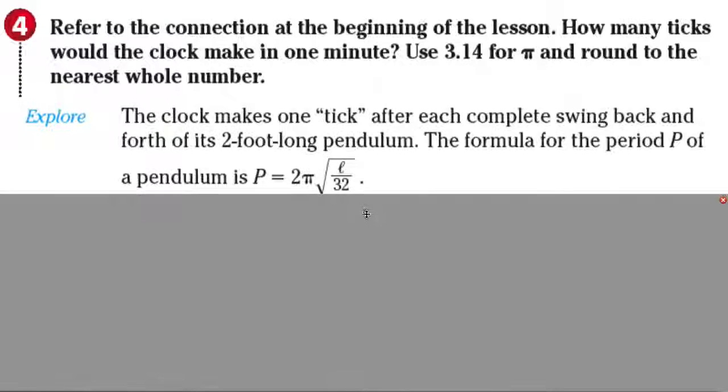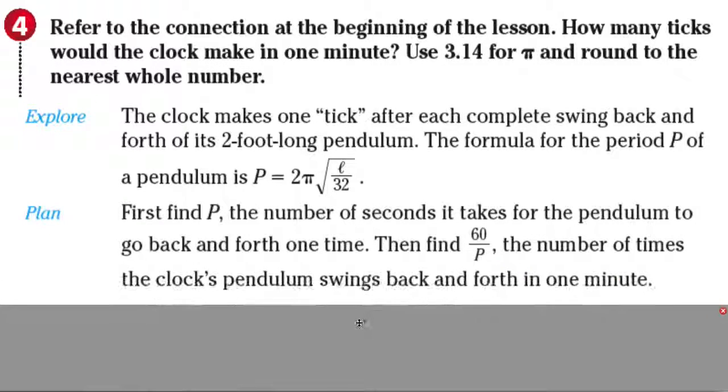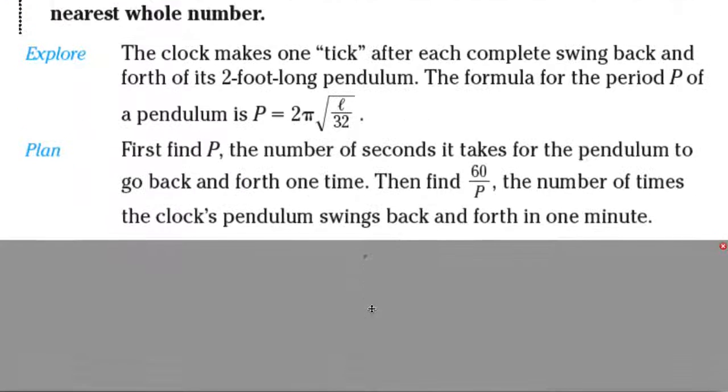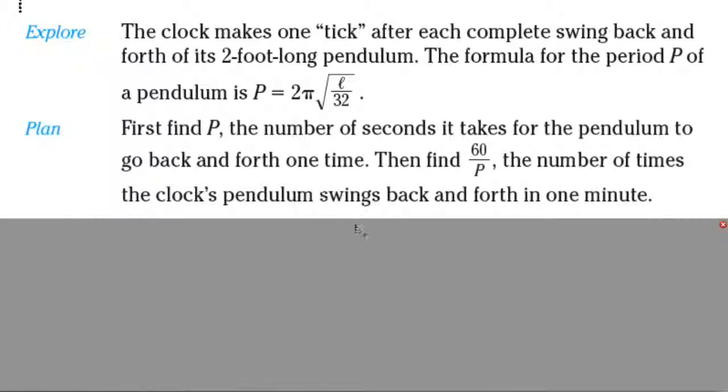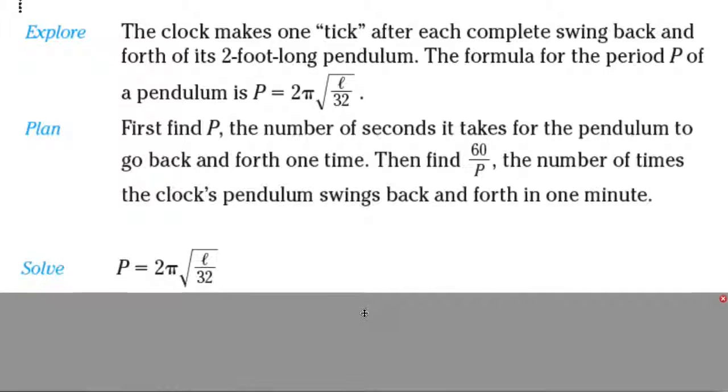How do we plan to solve this? First, we want to find P, the number of seconds it takes for the pendulum to go back and forth 1 time. Then find 60 over P, the number of times the clock's pendulum swings back and forth in 1 minute. Now we have a plan.